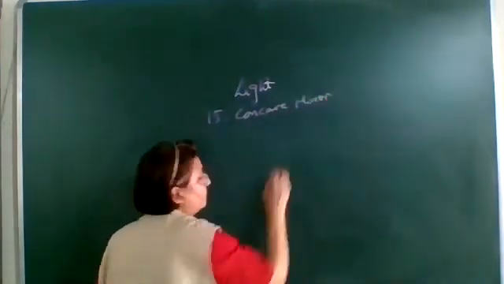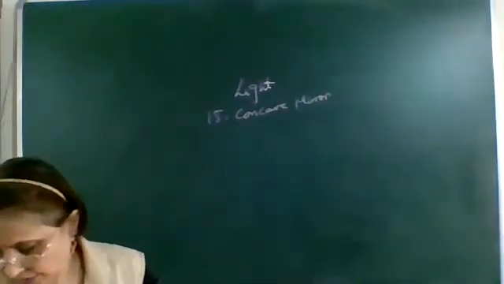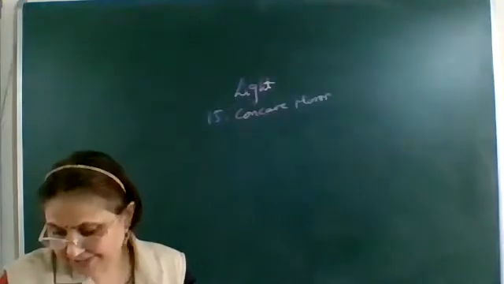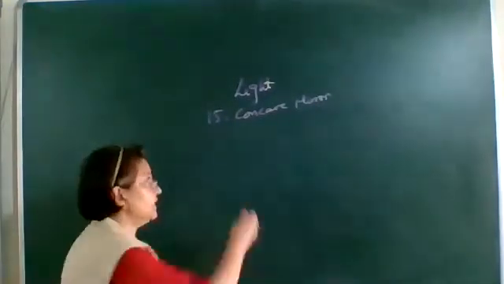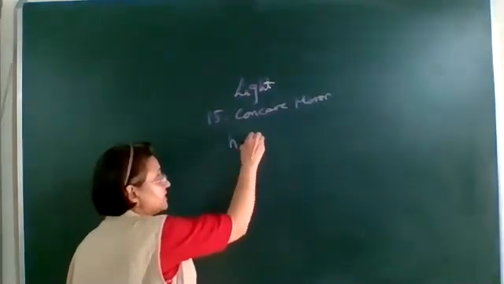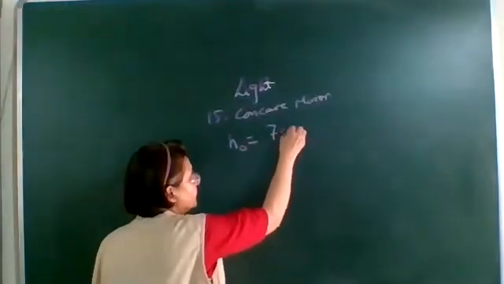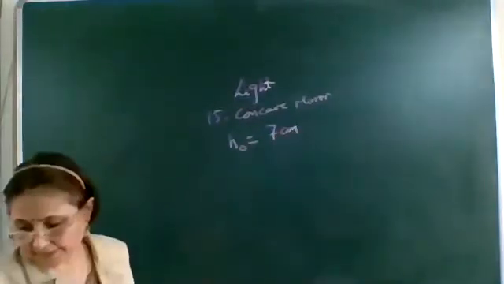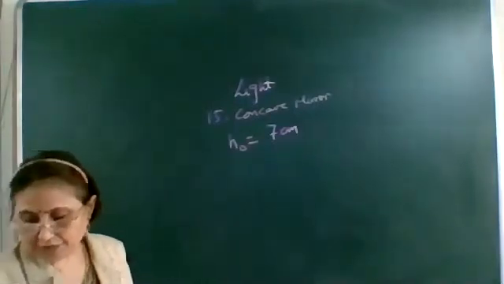For a concave mirror, what is the focal length? Focal length will be negative. An object of size 7 centimeters. It means what? It is the height of the object, which is 7 centimeters. Is placed at 27 centimeters in front of a concave mirror.